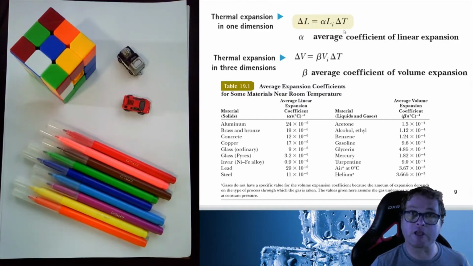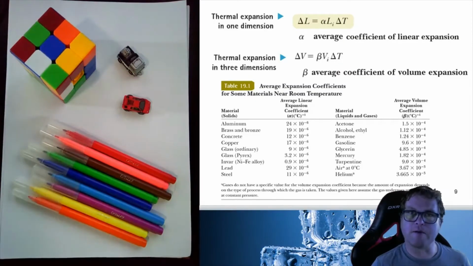Similarly, we might have a cube, or we might have a sphere, and in this case, when the sphere expands or contracts, the volume of the sphere is going to change. So then we would use an average coefficient of volume expansion, and the equation is similar, and the change in volume will be equal to this constant multiplied by the initial volume multiplied by the change in temperature.